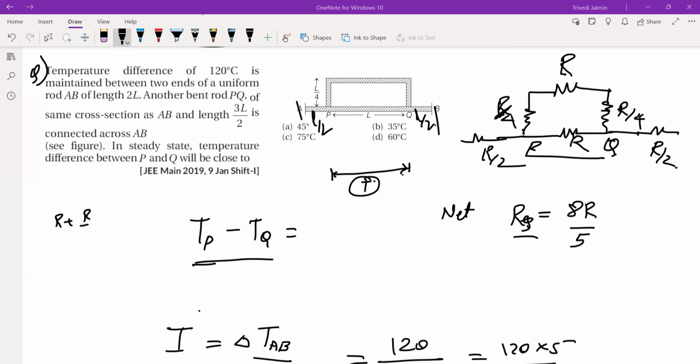P and Q, not this whole AB. Follow. And then I have to solve again. Tell me. I erased that.